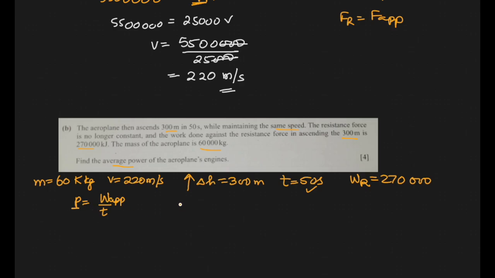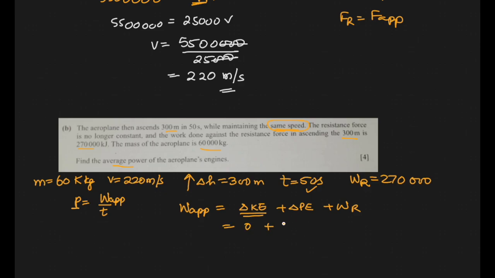So for that we'll use the energy equation, which says the work done by applied force is the sum of change in kinetic energy, change in potential energy, and work done against resistance. Okay. Change in kinetic energy will be 0. Why? Because they said maintaining same speed. There is no change in speed, and kinetic energy changes when the speed changes. So this is 0.